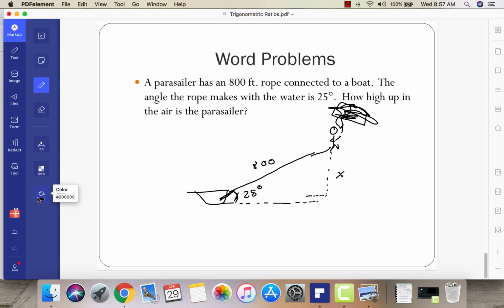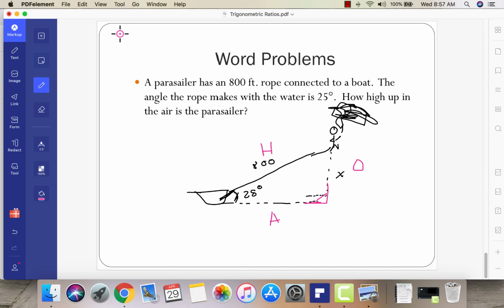Okay, so let's label our sides. All right, so this is my right angle right here. So this side has to be my hypotenuse. This side would be adjacent, and this side is the opposite. So if we look at our SOHCAHTOA, we have the hypotenuse and we're looking for opposite.